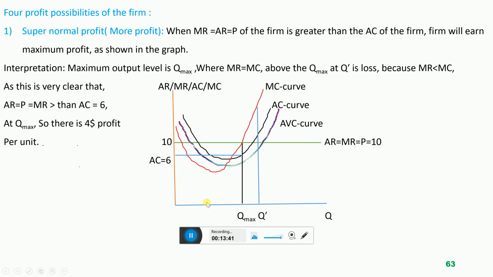Suppose this is the first stage of production and the company is not producing more. So the company is earning only 250 revenue.